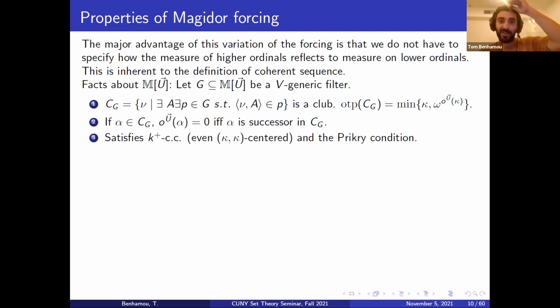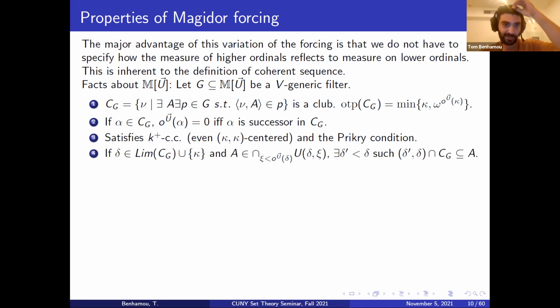Generally you can always extend P to a condition which decides sigma. This is a general thing about forcing, but here you can actually do it with a direct extension. This is the advantage. So this is condition 3.